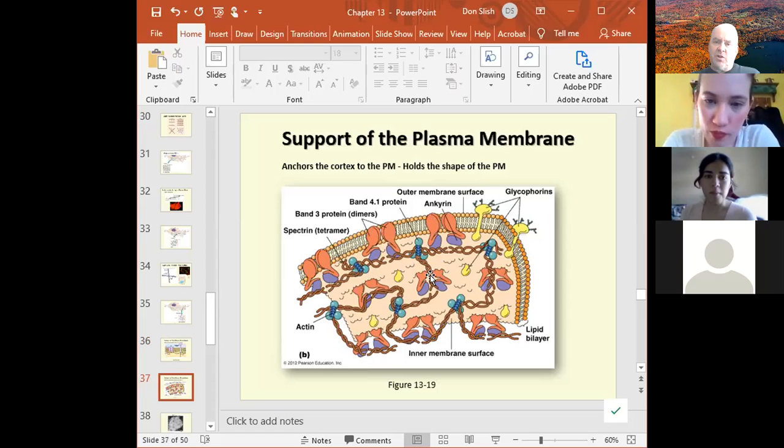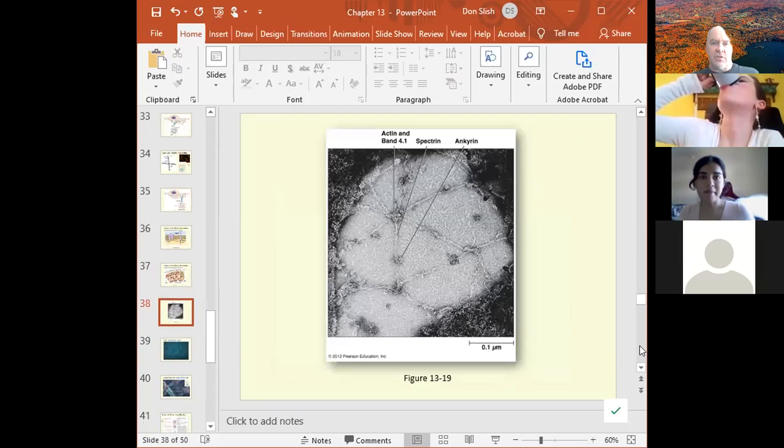So you can see the same structure repeating over and over again. Here is an electron micrograph of this. Okay, here's your actin and band 4.1, spectrin molecules going this way, and ankyrin and spectrin.